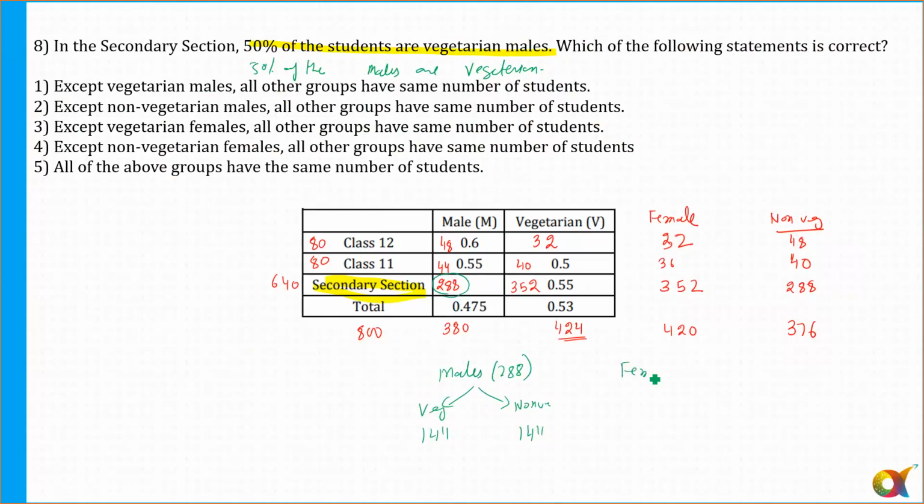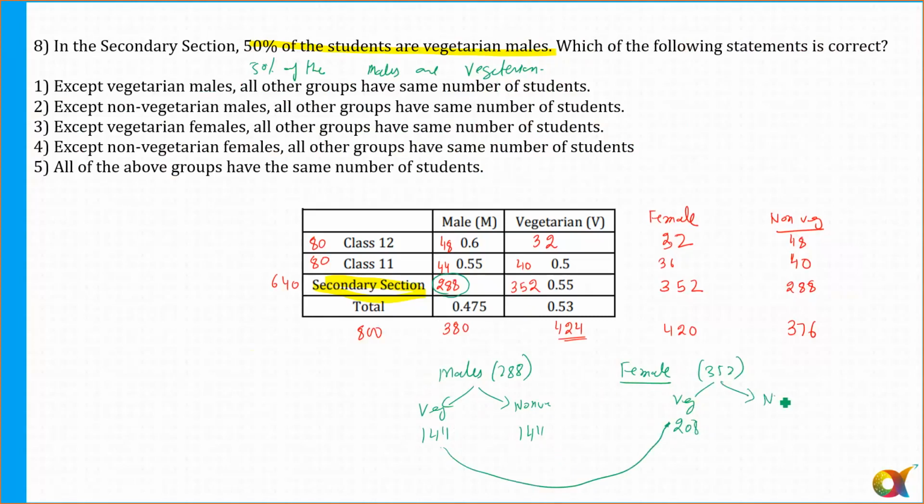Now when it comes to the females, we know the total number of females in the secondary section is 352. The total number of vegetarian people is also 352, so the sum of these two values has to be equal to 352. How many female vegetarians are there? That is 352 minus 144, which is 208.